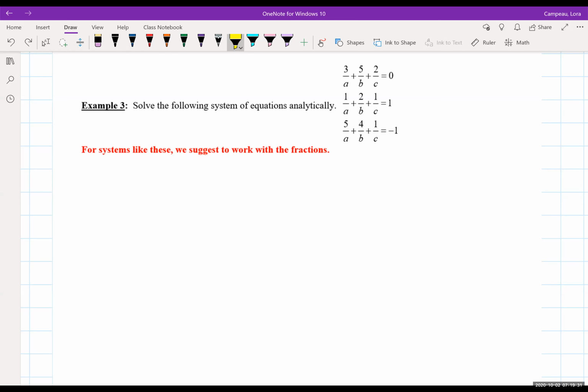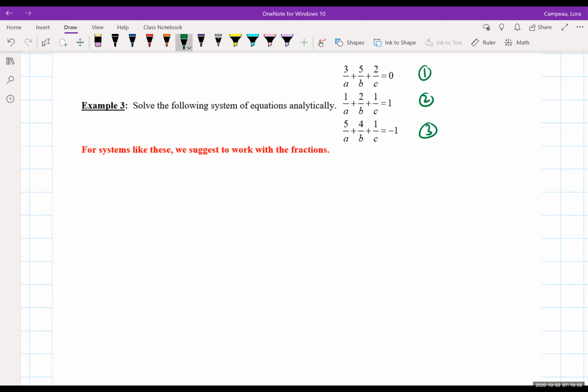The first thing we notice is that there are no variables missing in any of the three equations. They all have a, b, and c. Just for purposes of labeling and referencing back, I'll do the whole 1, 2, 3 again. And now it's your choice. You can play around with which fraction you would like to eliminate.